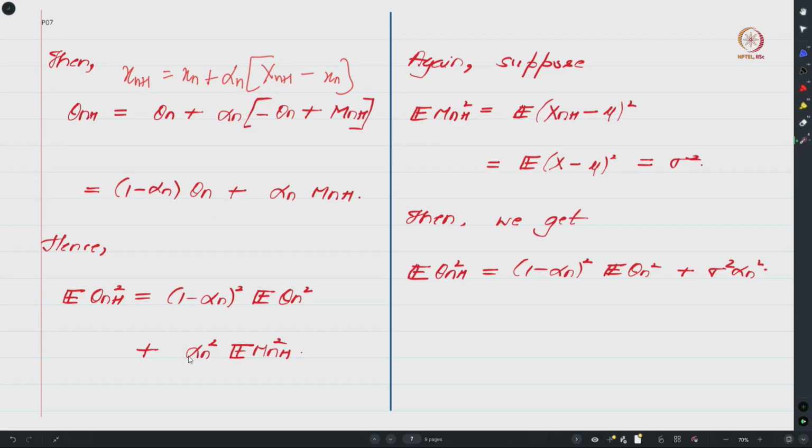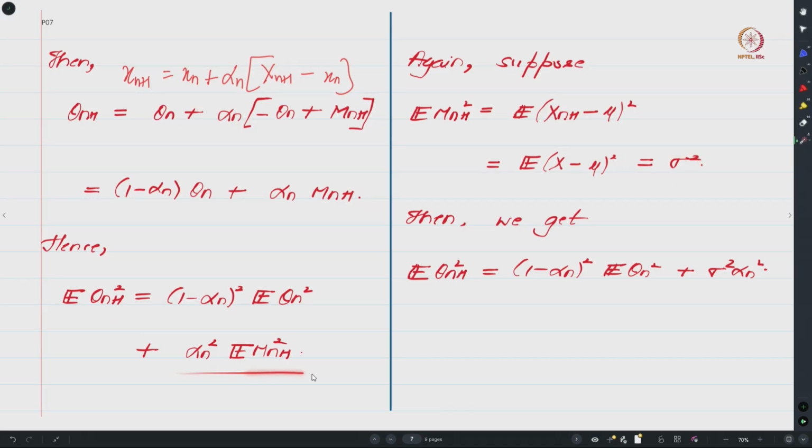And again let us assume that the M_n's have a common second moment. In other words, let us presume that the X_{n+1}'s are identically distributed, so that this expectation is equal to the expected value of (X minus mu) the whole squared, and let us say we denote this by sigma squared, right.